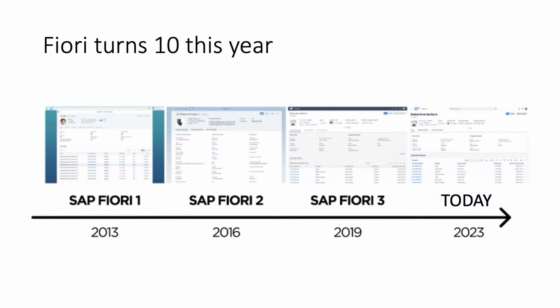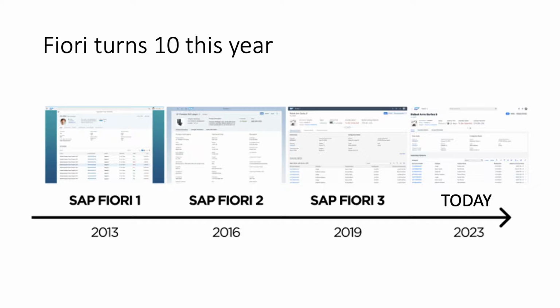Well, first of all, SAP Fiori is not that new. It's already 10 years available. It started in 2013 with version number 1. It is said that in Waldorf, there was a meeting showing Hasso Plattner, one of the founders of SAP, a new interface that would be responsive and available for mobile computing, mainly for reporting purposes.